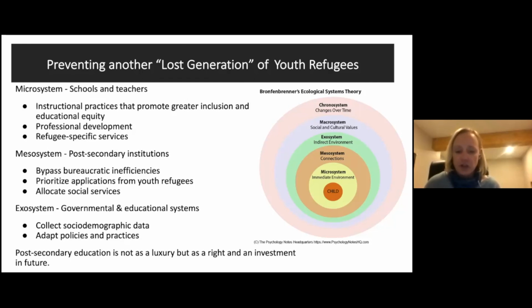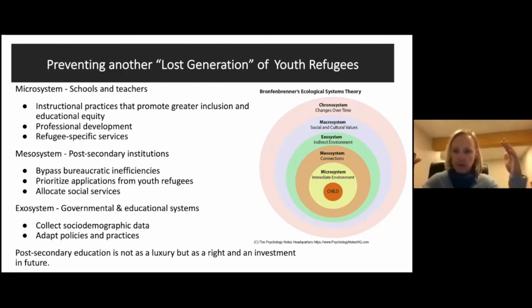The schools, the teachers. And although they can't go it alone, schools and teachers have a unique opportunity to provide more inclusive and equitable educational opportunities for refugee youth. Professional development is needed, targeted services are needed, and more scholarships and alternative admissions procedures are needed to provide access to these students. But enduring change will need to involve multiple levels of the education system and government.